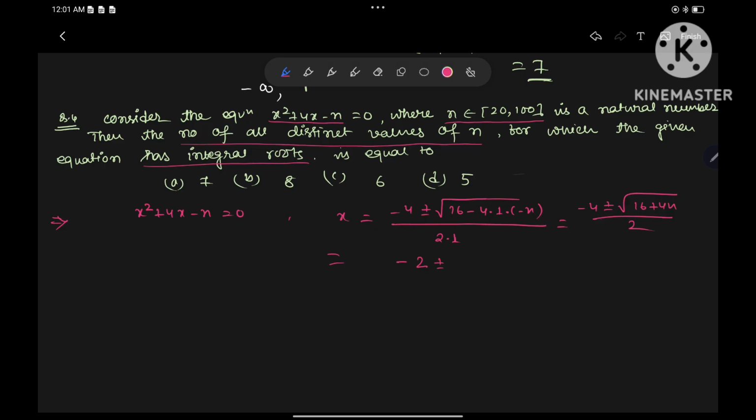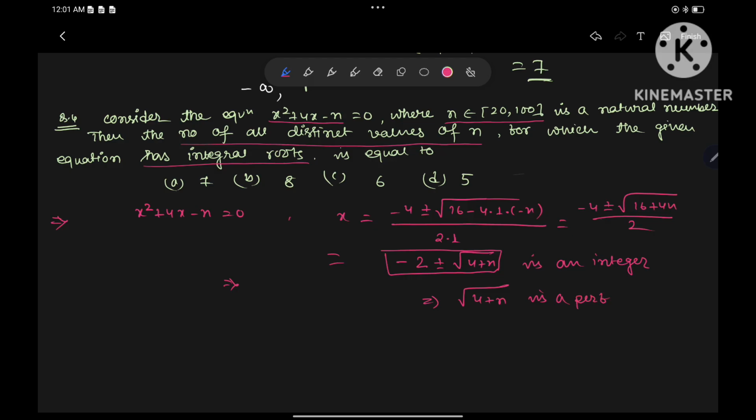If we take 4 as common, so 4 comes out as 2, so 2 gets cancelled out, so root of 4 plus n. So here you can see that this is an integer. So when this is an integer, it implies that root of 4 plus n is an integer.